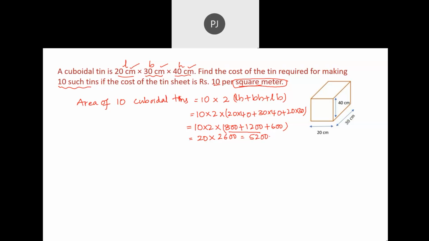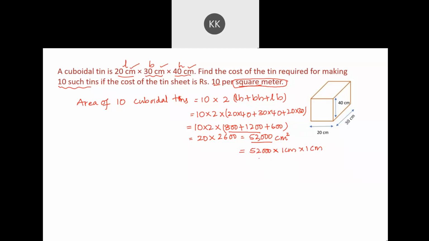Very importantly, we should mention this centimeter square. Now we can convert this centimeter square in terms of meter square. How do we do that? 1 meter is equal to 100 centimeters. To make it understood, I have written 1 centimeter into 1 centimeter, that's centimeter square.